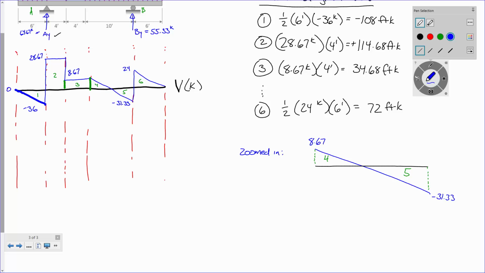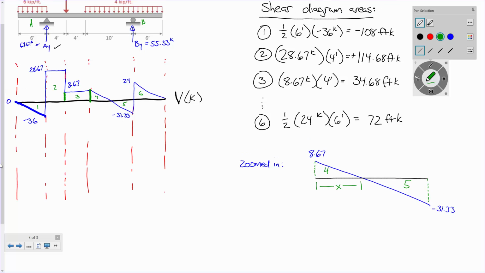Okay. So in order to calculate the areas of these triangles, we're going to need that distance. Like area is base times height, we need the base. Okay? So in 10 feet, how much did I drop? 40 kips, right?